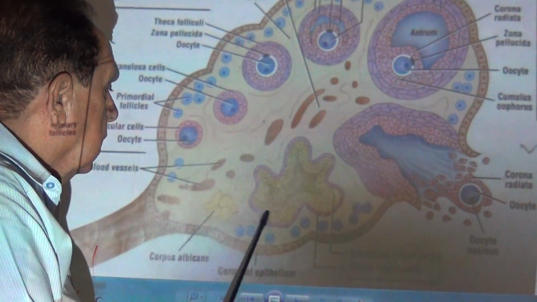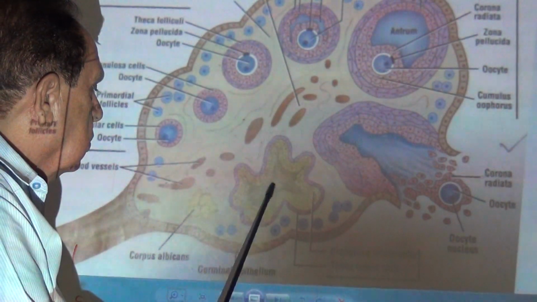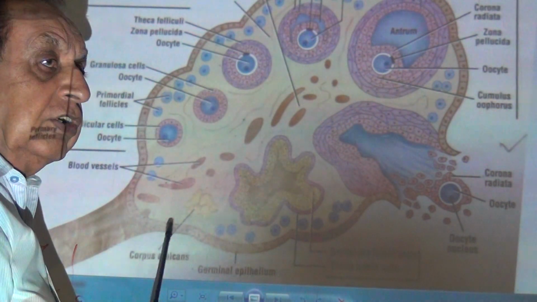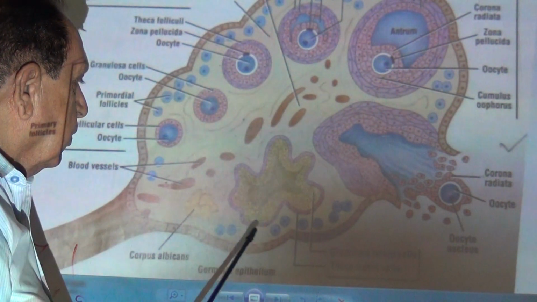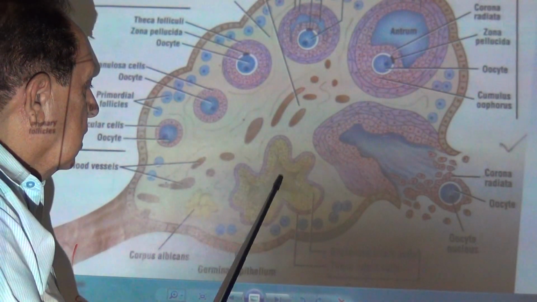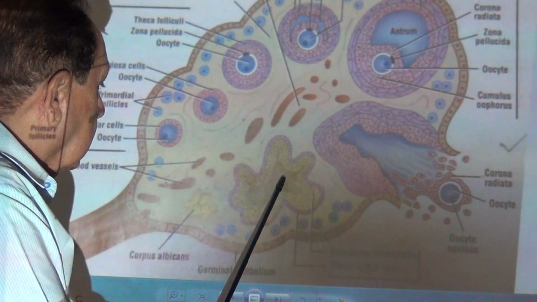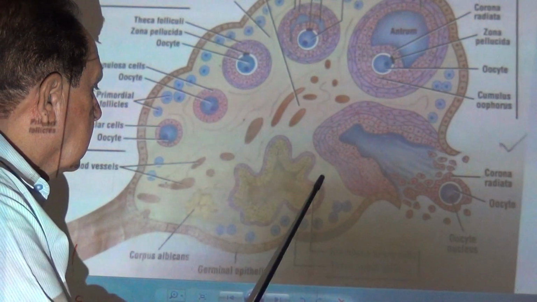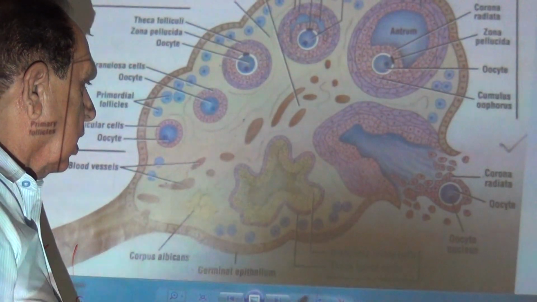So this whole one changes into a degenerated portion where the cells are degenerated, and the fluid inside the albicans also changes to gelatinous connective tissue. So this old one is called the corpus albicans. Now it is in the form of a scar.